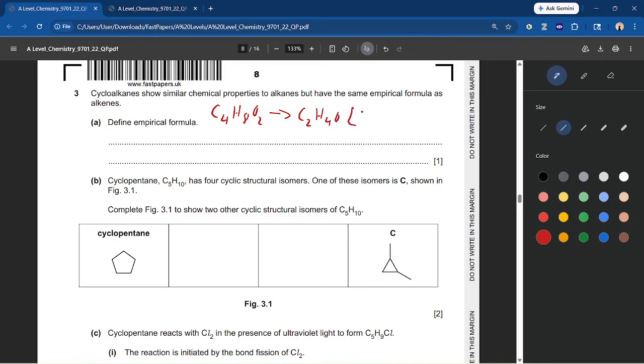That's the simplest ratio, and that is the empirical formula. So you're going to write simplest ratio of each element in a compound.